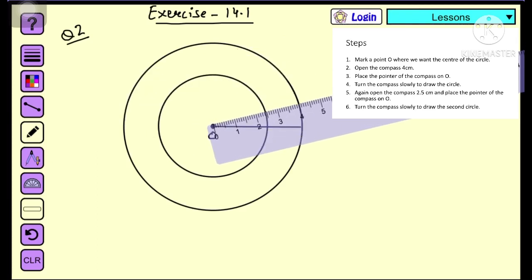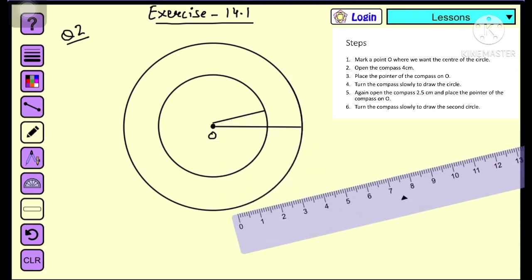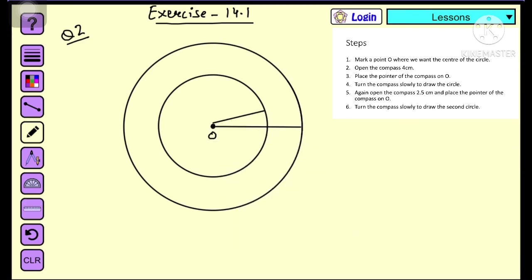It is 2.5, you can see. Now our question is complete. You can mark the radius: this one is 2.5 centimeter and this one is 4 centimeter.